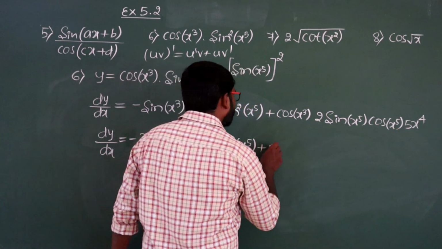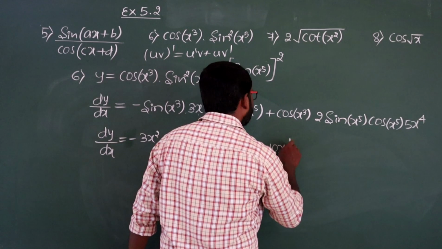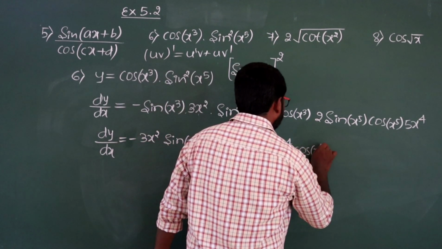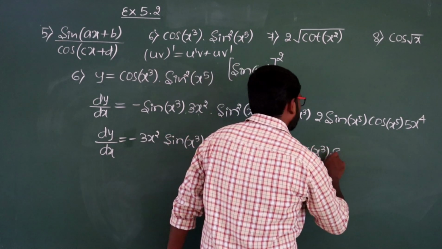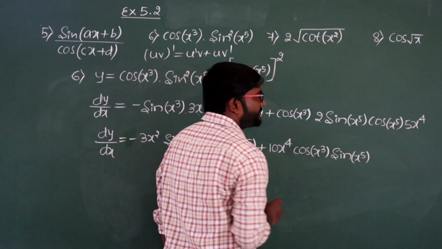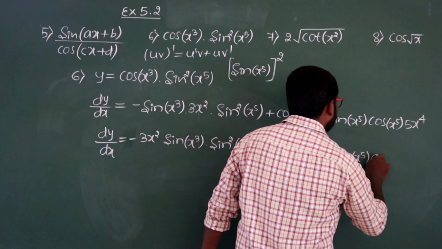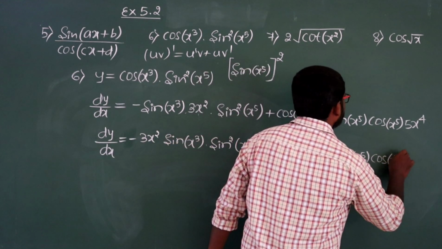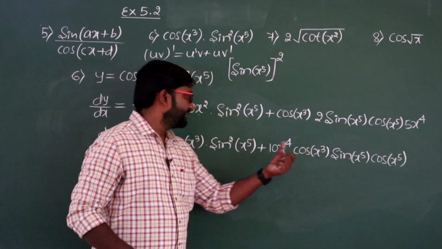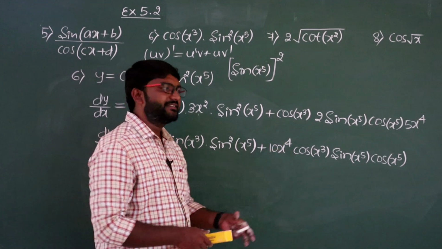We get 10 into x to the power 4, then cos of x cube, then sine of x to the power 5 into cos of x to the power 5. So I'll write this positive term in the beginning, and then we can write the negative term. So that is your NCERT answer.